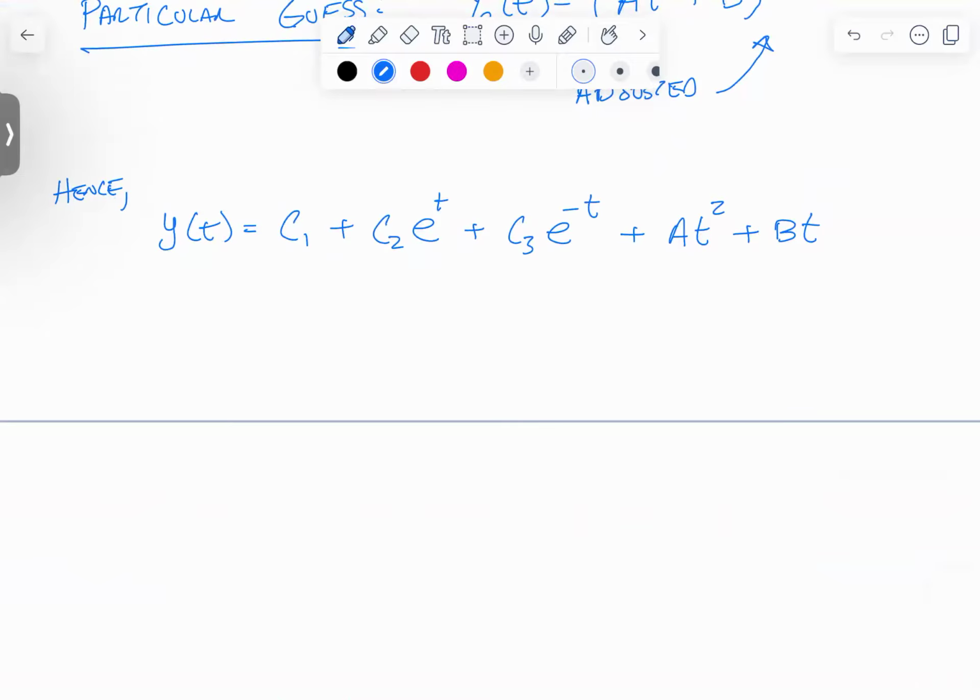Okay, once we have that, solving for the constants. We have our particular function. Again, we haven't done this in a while. So we take the derivatives.